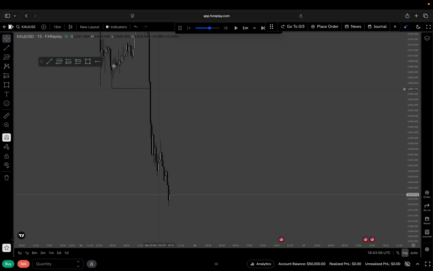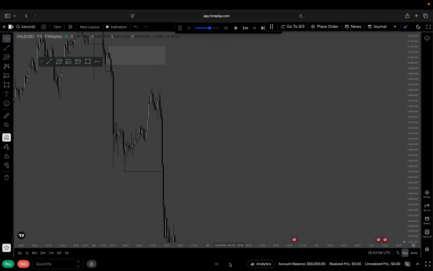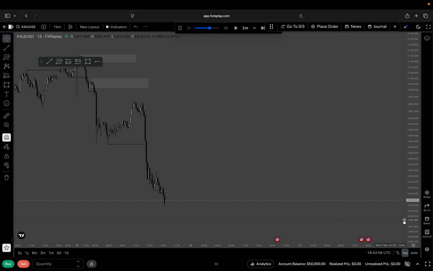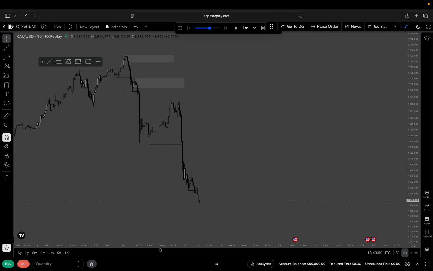So this is interesting. We've actually made a break here and also here. It's hard to know whether it would be a break or not, because you could consider this a break. But in this case, I'm not going to consider it a break just because we didn't have a significant pullback. So I'll probably just wait and see where we go.